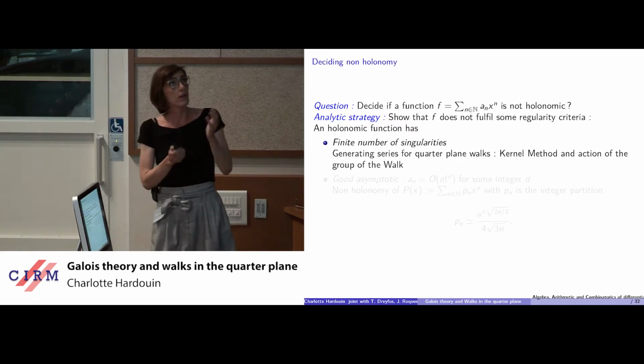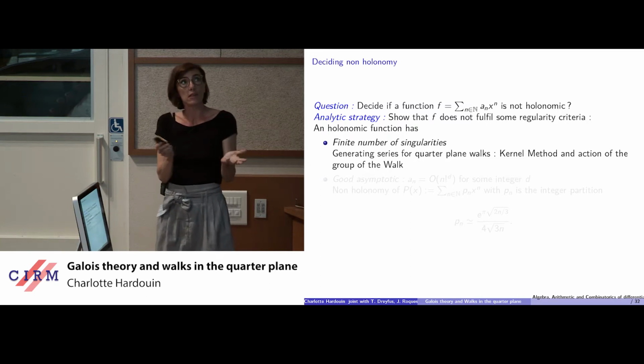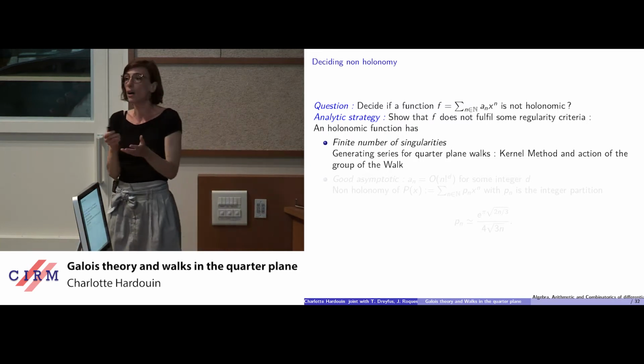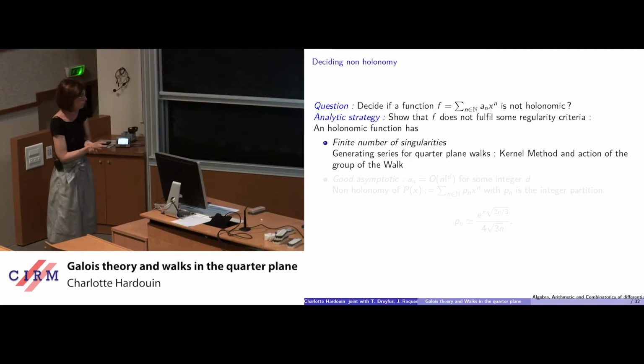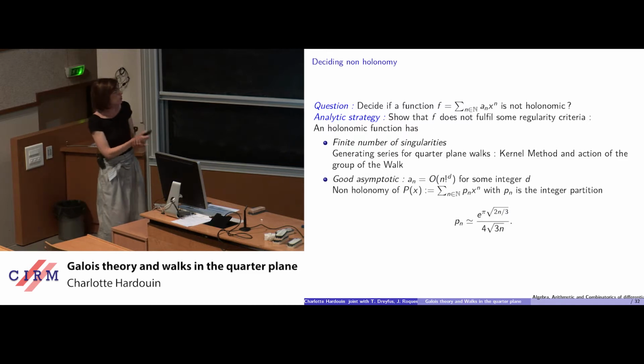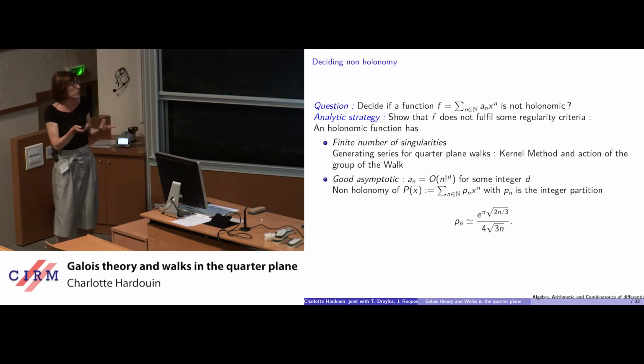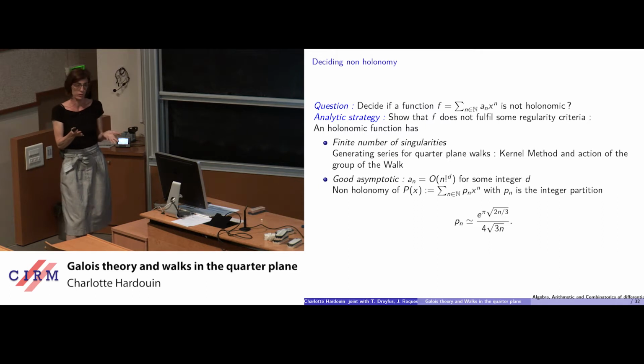And it was a strategy to show that generating series for quarter-plane walks are non-holonomic. Then you pick up one particular singularity of your function and you propagate it into an infinite number of singularities by using a certain group action. So what you can also check is that your special function has not a good asymptotic.